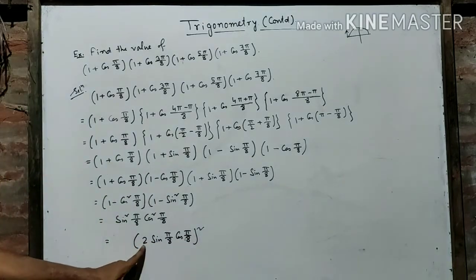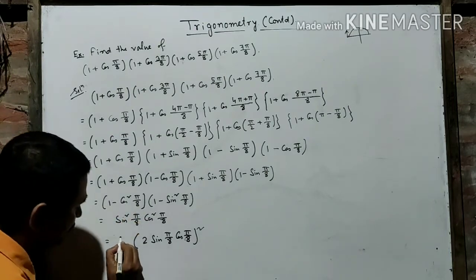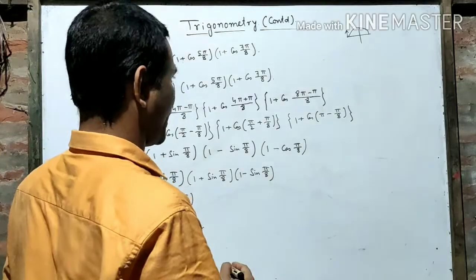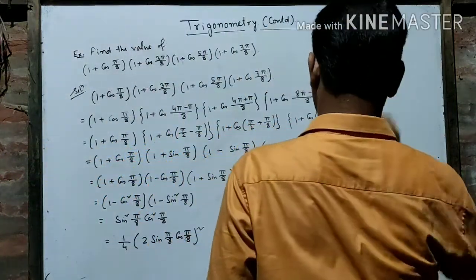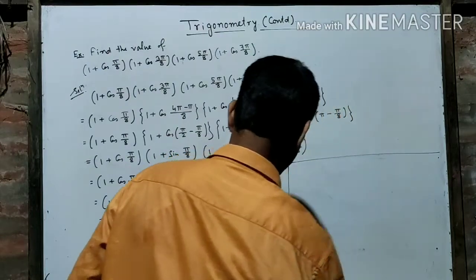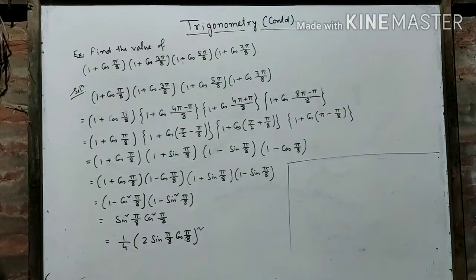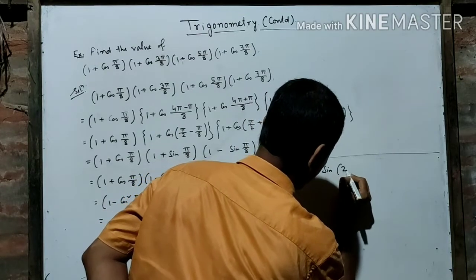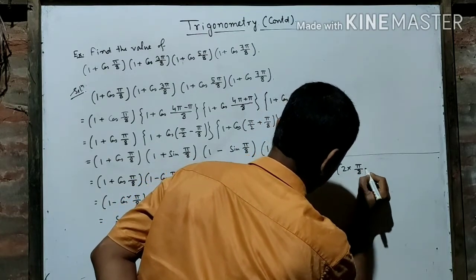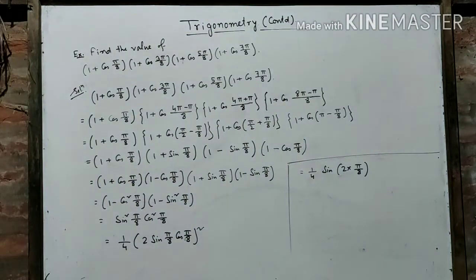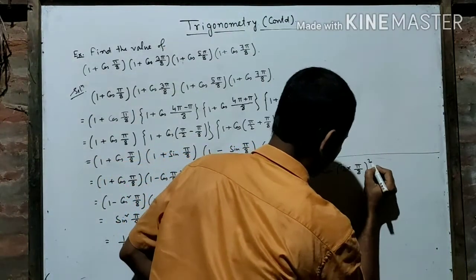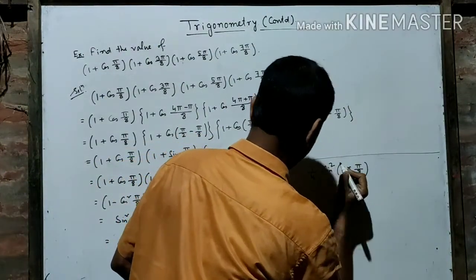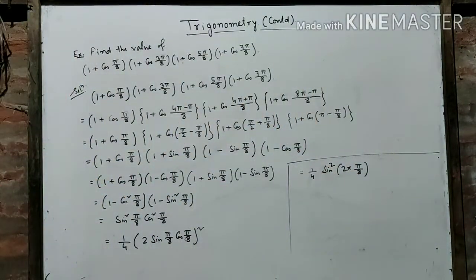Here a 4 comes, and we don't have any 4 here, so we will adjust it. 2 sin a cos a is sin twice a, so this is equal to 1 by 4 sin of 2 into a, means pi by 8, whole square.